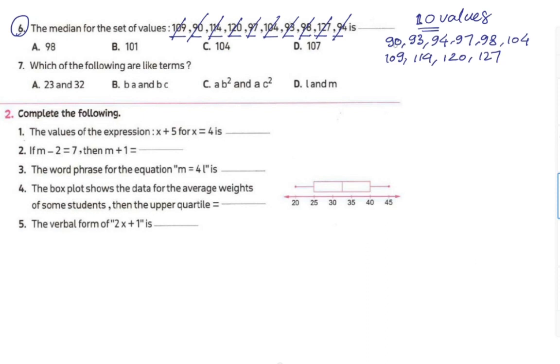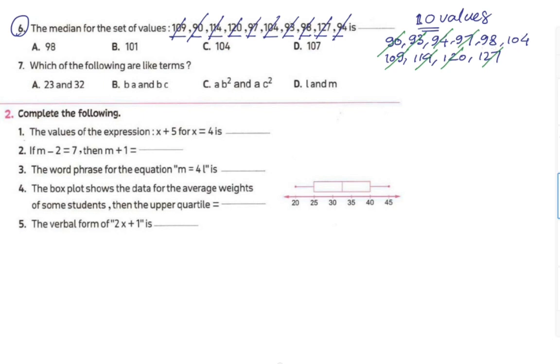The next step is what? To delete the smallest one with the greatest one. Again, the smallest with the greatest, smallest with greatest, smallest with greatest. Now what? We have just two values. If I delete smallest with greatest, there are no values.